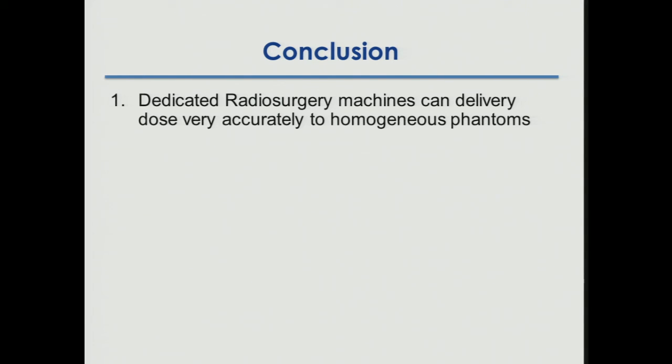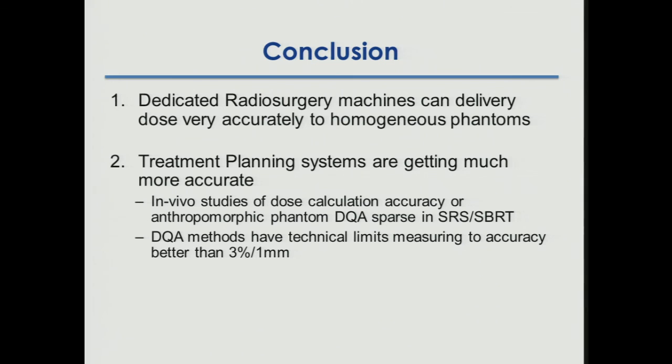So in conclusion, and I hope I'm still in time, dedicated radiosurgery machines can deliver dose very accurately to homogeneous phantoms. Treatment planning systems are getting much more accurate. When I started out, most of RTOG still just required pencil beam. So in vivo studies of dose calculation accuracy or anthropomorphic phantom DQA are pretty sparse in SRS or SBRT. We have lots of comparisons of Monte Carlo versus other treatment planning algorithms.